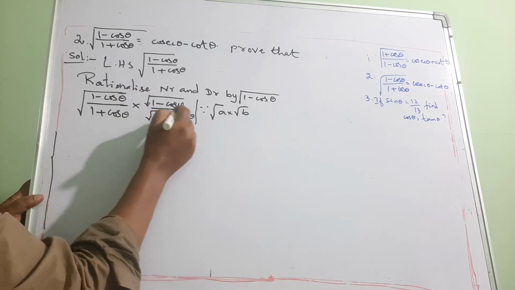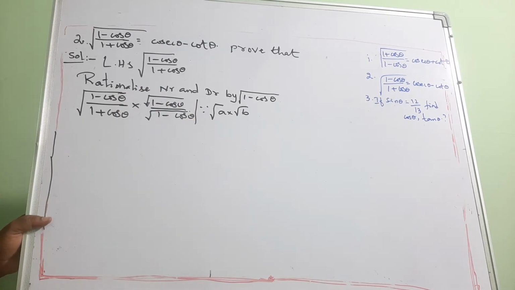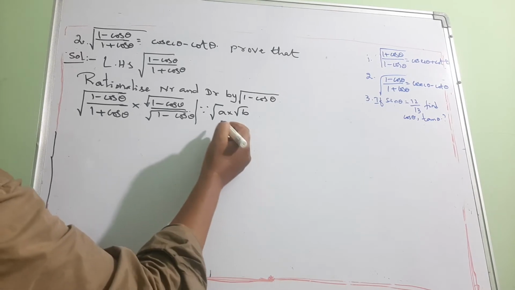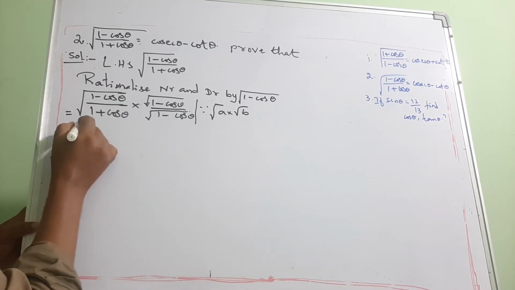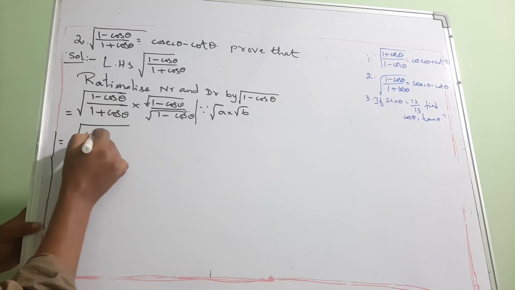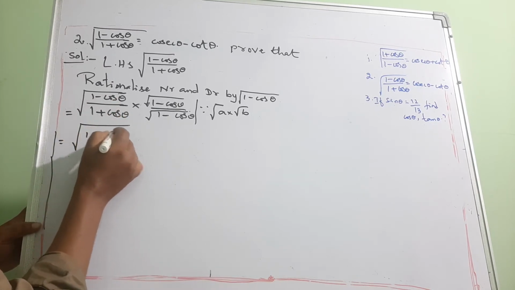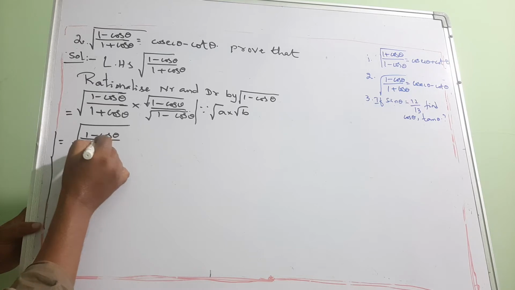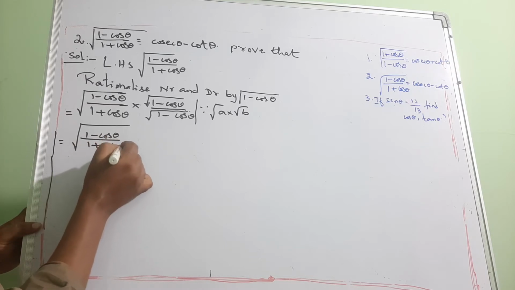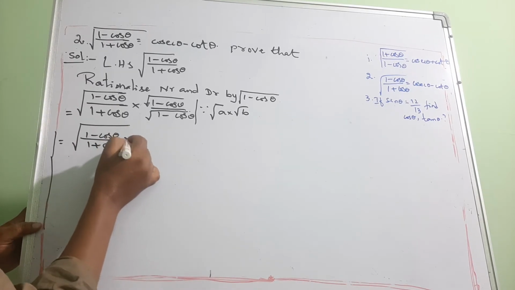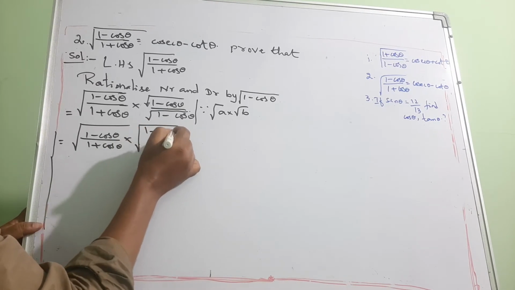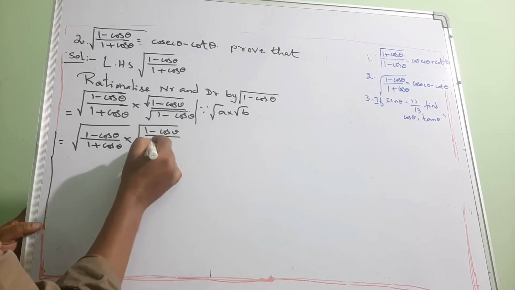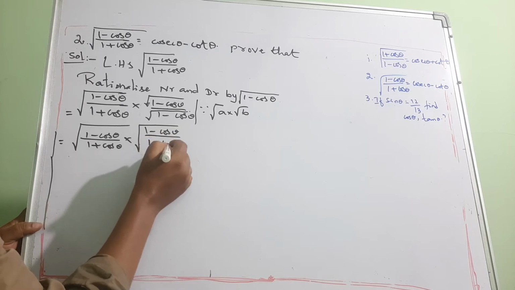So the first root is as it is, 1 minus cos theta divided by 1 plus cos theta, and this one we write as under root of 1 minus cos theta by 1 minus cos theta.